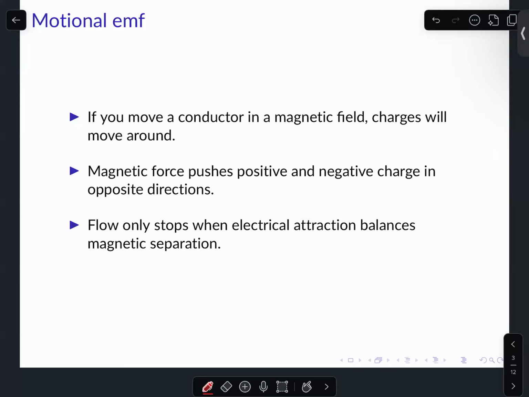Okay, so if you shake a conductor around, the charges, the pluses and the minuses on it, are moving in a magnetic field. You don't have to just do this with an isolated test charge, like a Q moving at speed v. You could do this with a whole conductor full of charges.